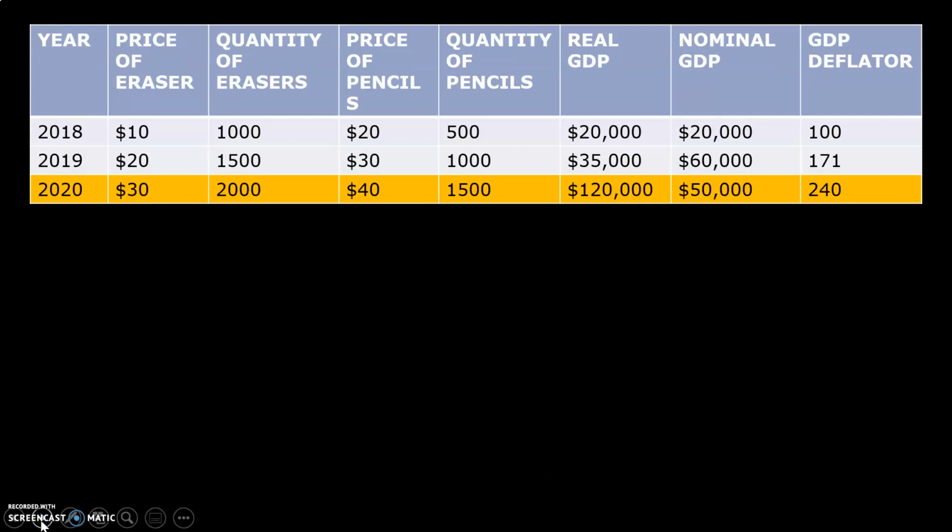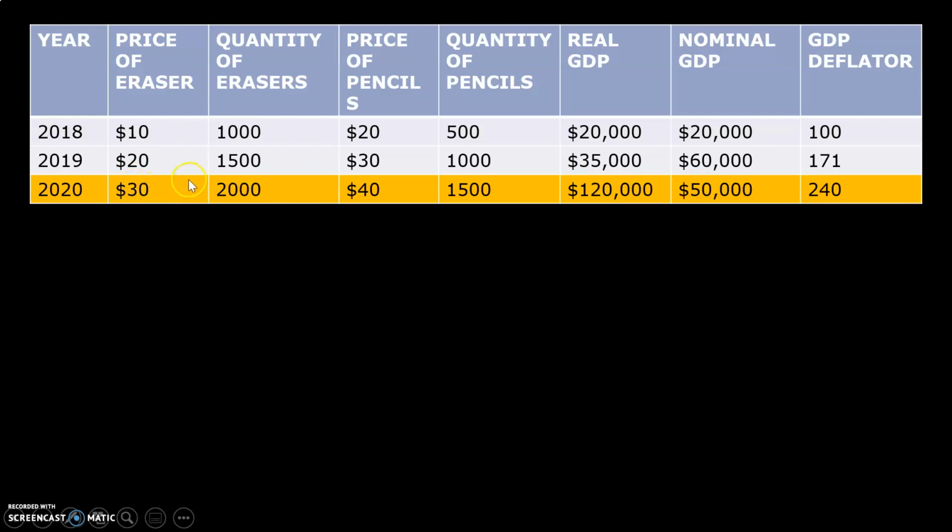If we want to calculate the real and nominal GDP for 2020, we'll do the same thing that we did in the previous example. For real GDP, we'll use the base year prices, which are the prices of 2018. And for nominal GDP, we'll use the prices of the year that the goods were produced.